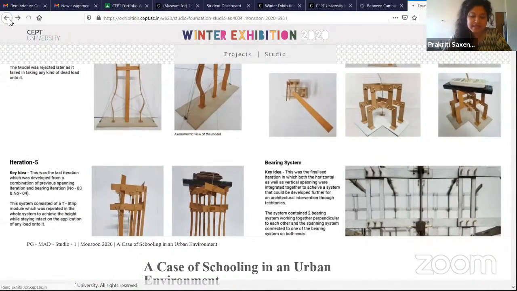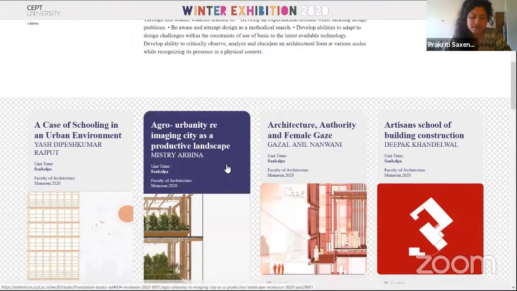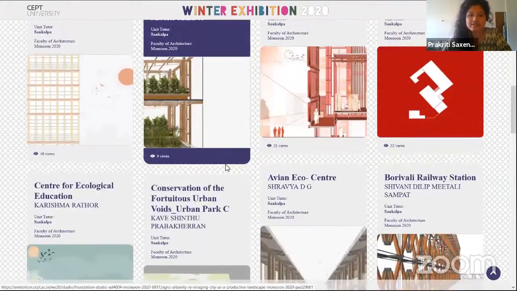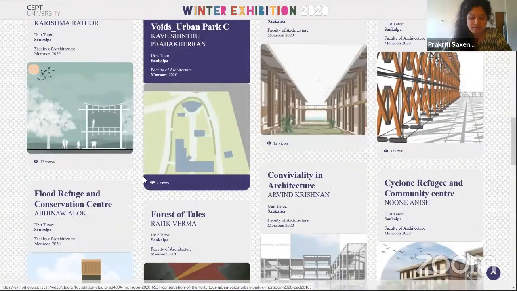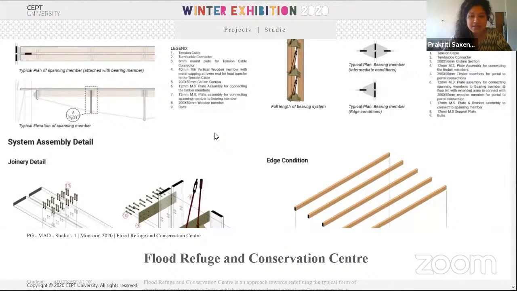Thanks, Amol. So basically, the studio concentrated on three things. The first was the emphasis of space as an outcome of affordance and synthesis of detail. The second was that the expression of detail was a response to structural forces, to material, climate, and program.